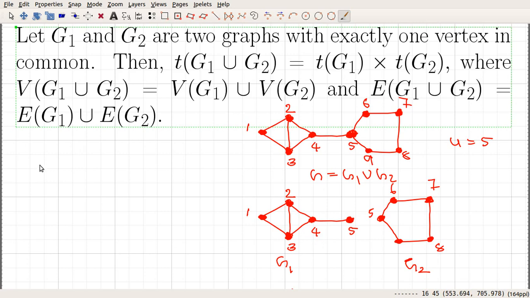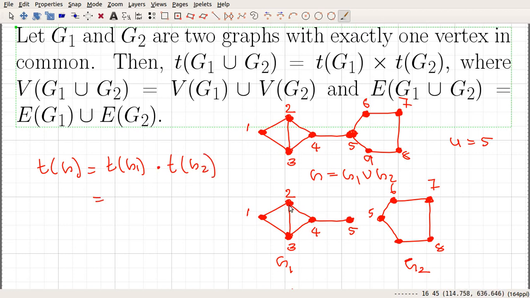Okay, so in order to find the number of spanning trees here, we only need to find the number of spanning trees here, that is T of G1. Then find the number of spanning trees here, so that is going to be T of G2. Then take the product.